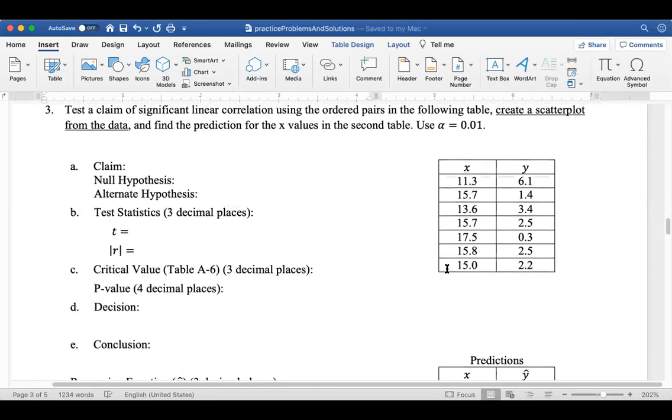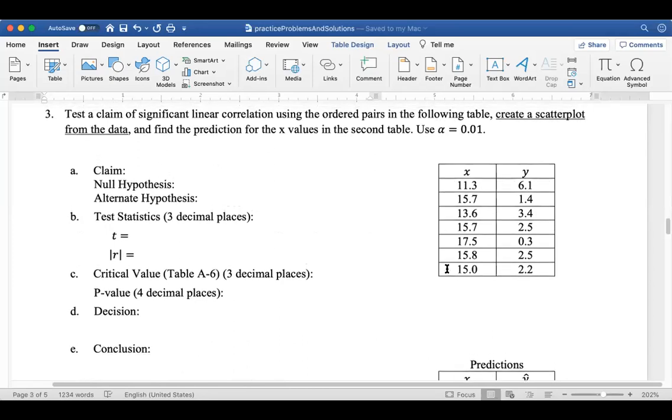Test a claim of significant linear correlation using the ordered pairs in the following table. Let's create a scatter plot from the data and find the prediction for the X values in the second table. I will let you do the scatter plot on your own, but actually, let's do this. Go ahead and put the data into a list.